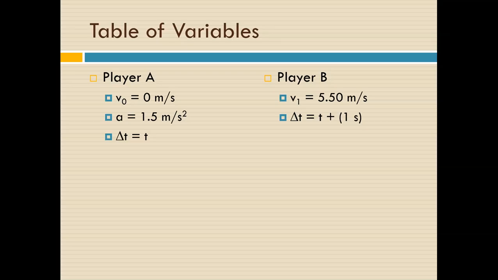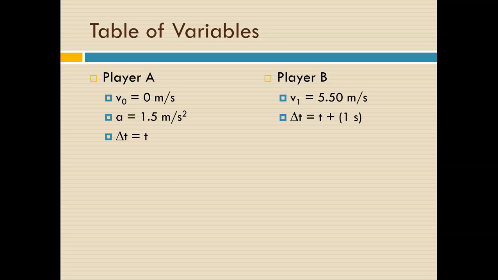Now, let's take a look at the motion for player B. Player B is undergoing a constant velocity motion. We know the initial velocity, which is the overall velocity for player B, is 5.5 meters per second. We also know that player B is going to be skating for as long as player A plus 1 more second. That's where that time delay comes into play. Okay?